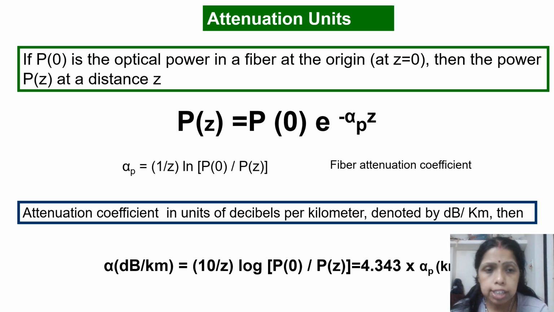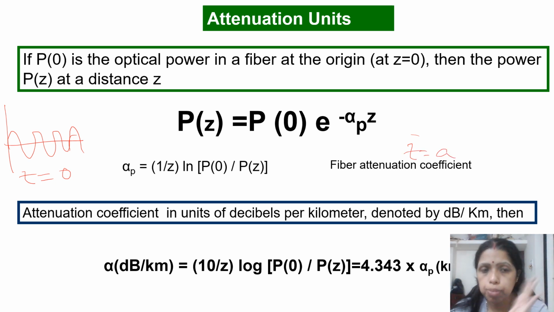I told you, suppose this is the amplitude. At z equal to 0, you are getting this same behavior, same amplitude. But if z is equal to, suppose, a, which is far away from z equal to 0 at the other end of the fiber, here you will get the amplitude like this.